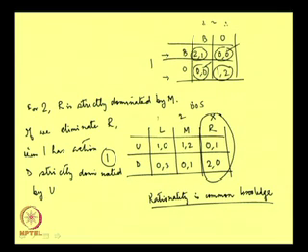If 2 is playing L, U is better. If 2 is playing M also, U is better. So, for 1, he is not going to play D. So, D goes out of consideration.